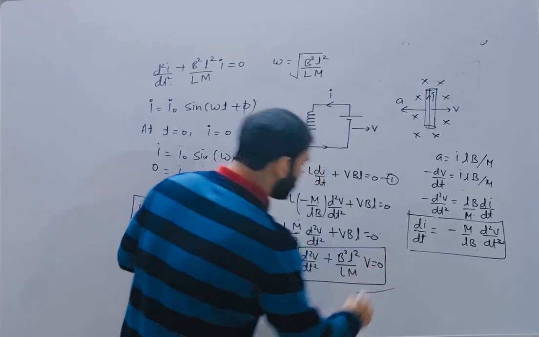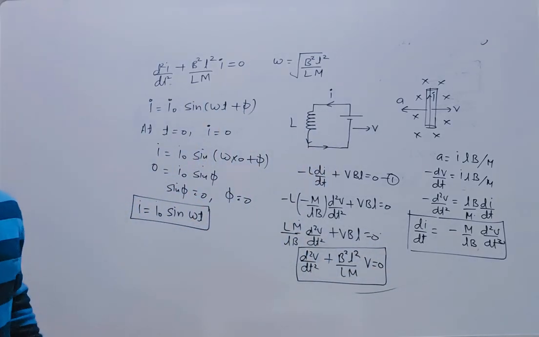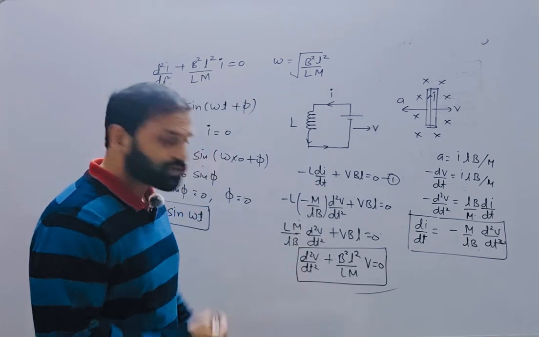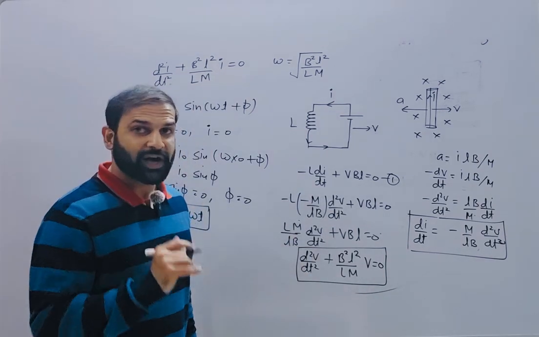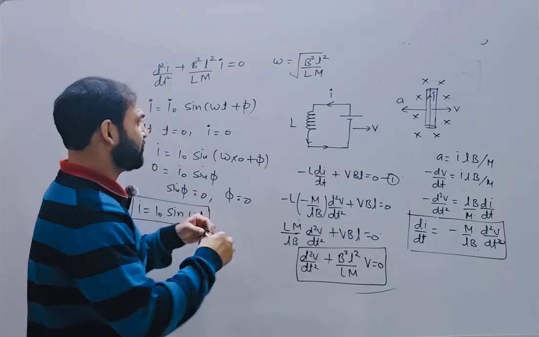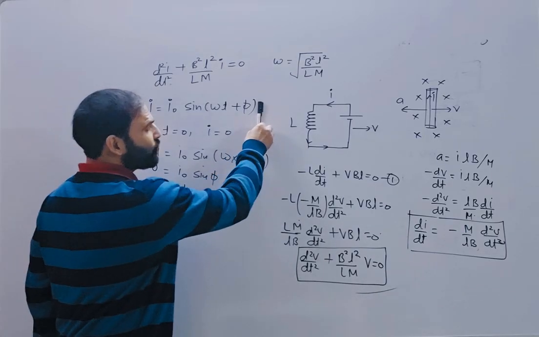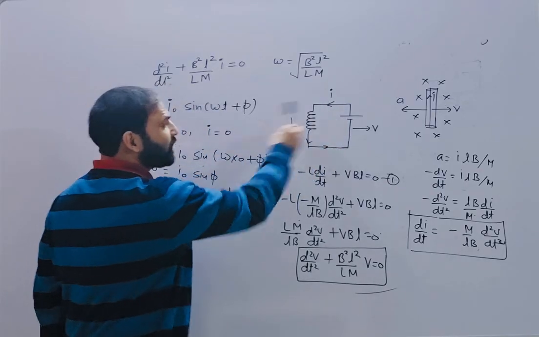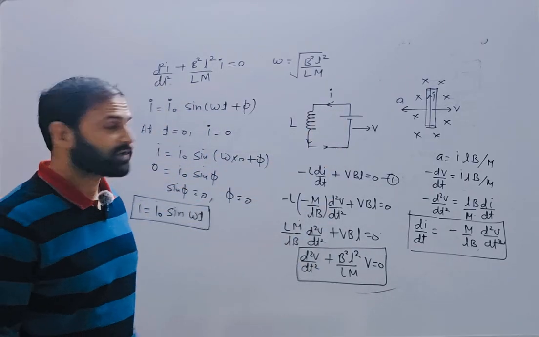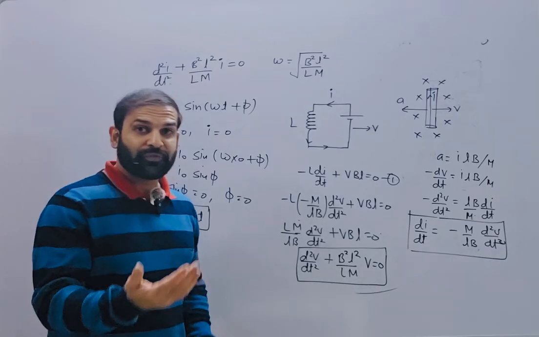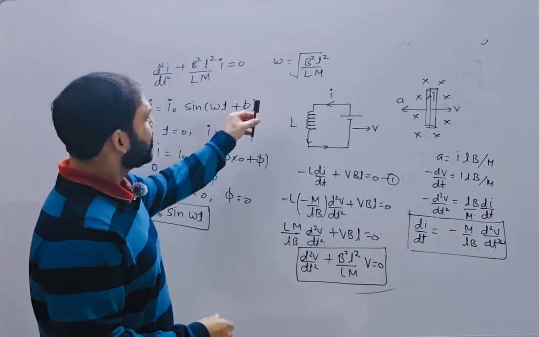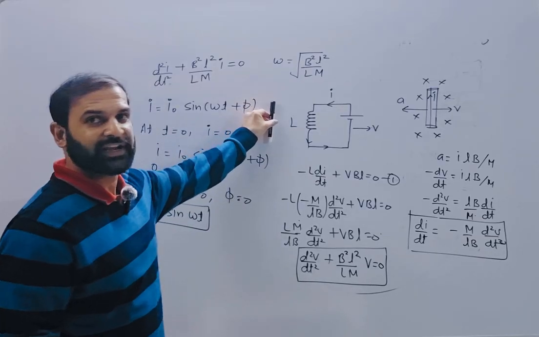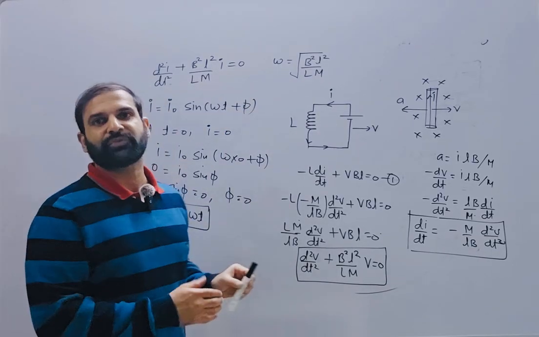That means velocity is also performing simple harmonic motion. From this equation we can 100% surely say that the velocity is also performing simple harmonic motion. That means the rod first goes in the forward direction and then goes in the backward direction, so the rod is also performing simple harmonic motion. It must achieve its extreme position, then come to its mean position, then go to the negative extreme position.